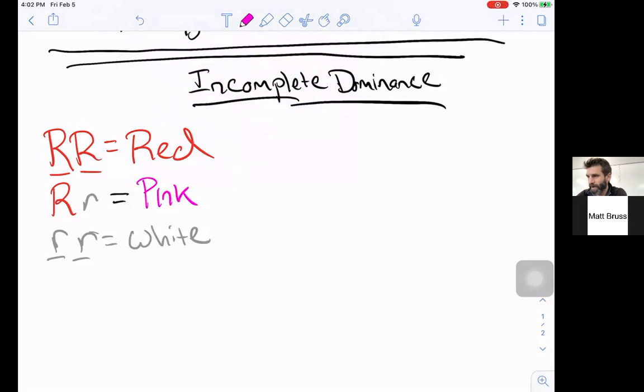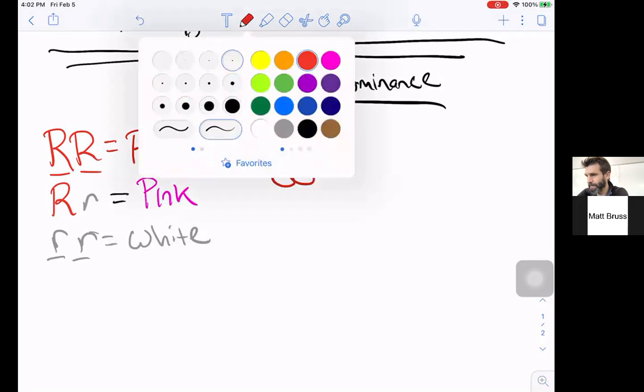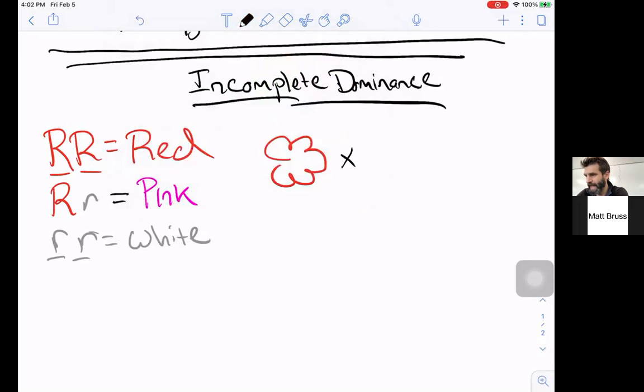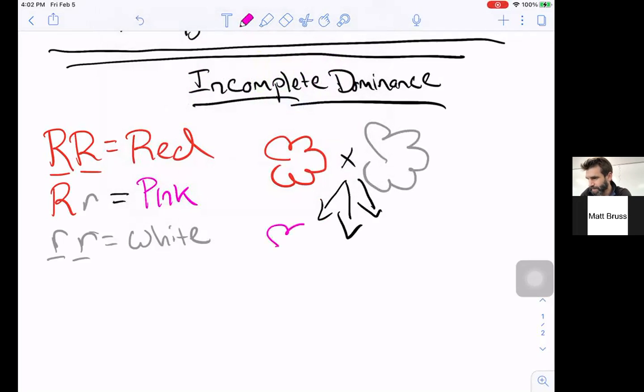And we talked about how early geneticists, if they crossed a red flower with a white flower, all of the seeds that came from that cross produced pink flowers.